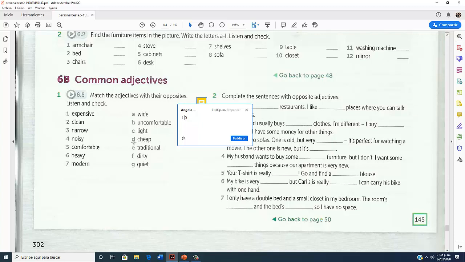If you want to mention an example with this, we can say, for example, iPhones are very expensive.